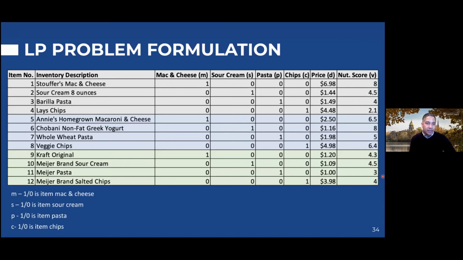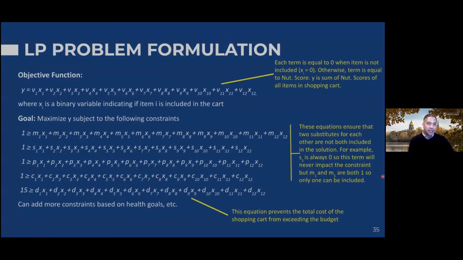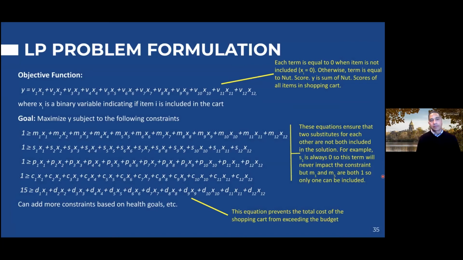And if we have things like a nutritional score and a price for each item, then we can formulate a linear programming problem where the objective function here is to maximize the nutritional value, which is y, subject to a set of constraints. And most of those constraints that we see down here ensure that only one item from a category is selected, and make sure we're under a specified budget. That's the final constraint here.